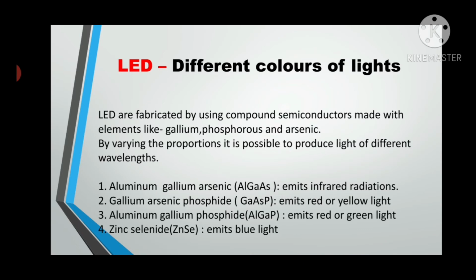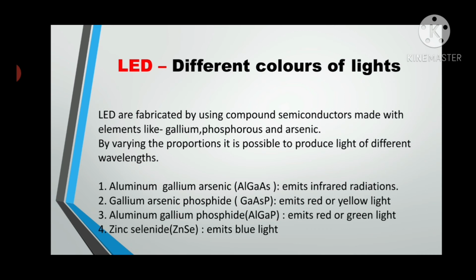LEDs are available with different colors of light in the market. These LEDs are fabricated using compound semiconductors made with elements like gallium, phosphorus and arsenic. By varying the proportions of these elements, it is possible to produce light of different wavelengths.